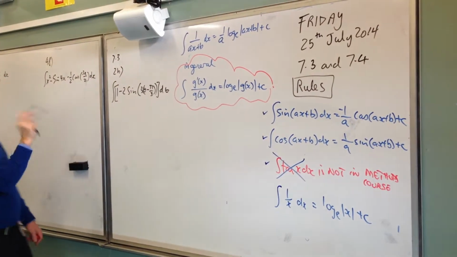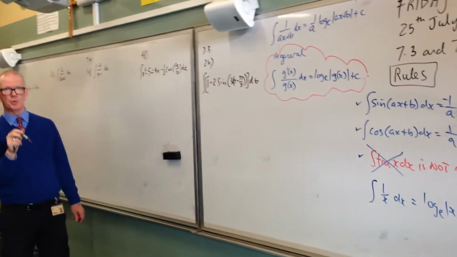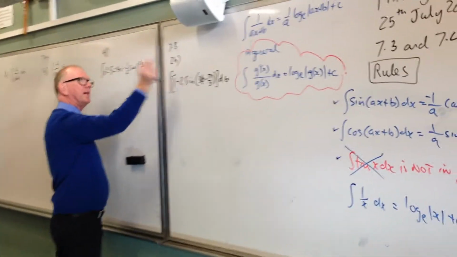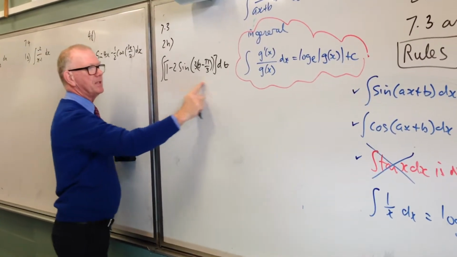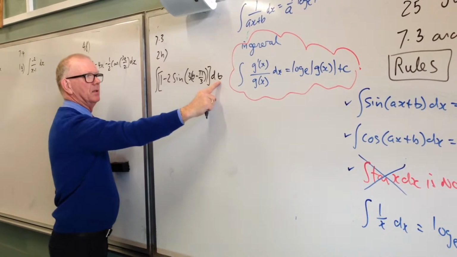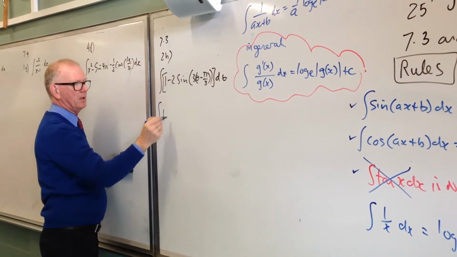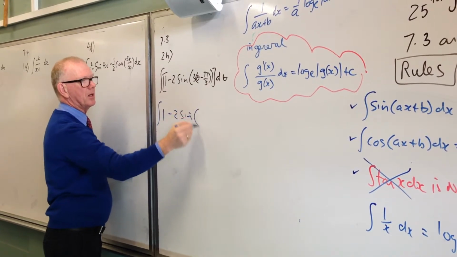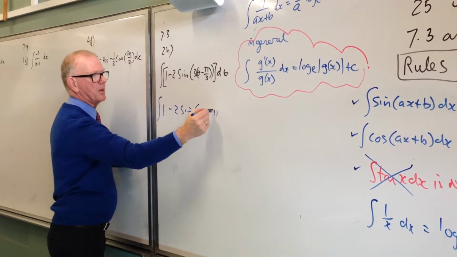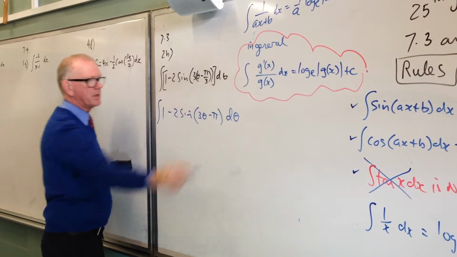Okay, some examples out of 7.3 and 7.4. 2h out of 7.3, I have this integral with respect to theta. I might just write that as being the integral of 1 minus 2 sine of 3 theta minus pi d theta.